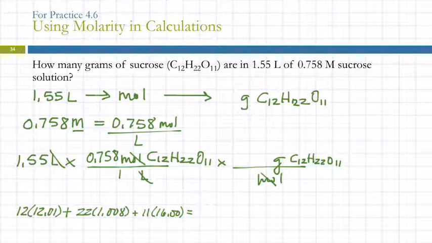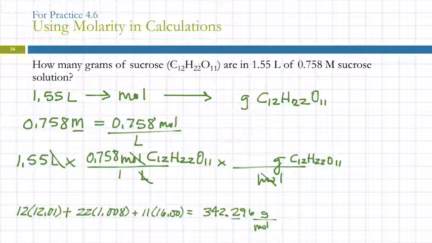That's all table sugar is, sucrose. 342.296. The units on that are grams per mole. So that's our number that we're going to put in for this last term, 342.296 grams per mole.